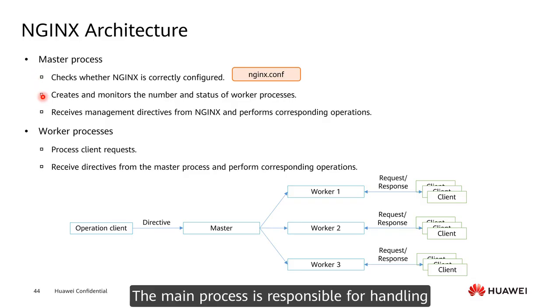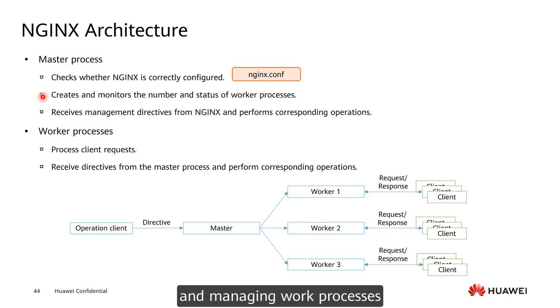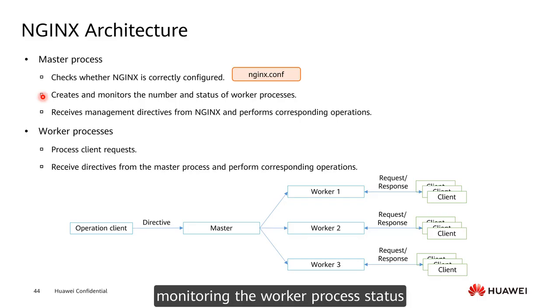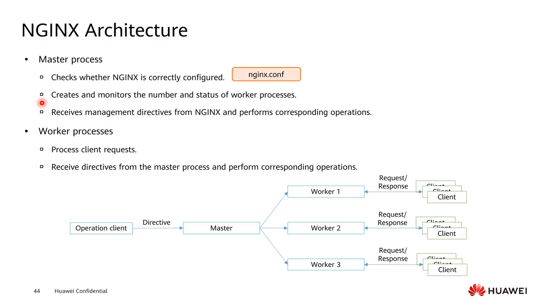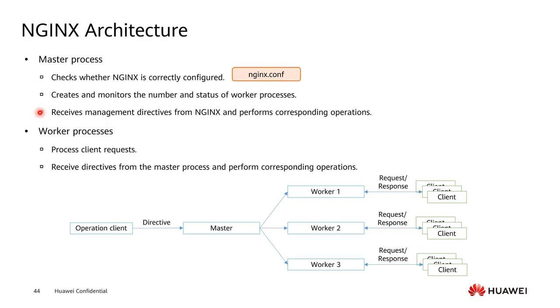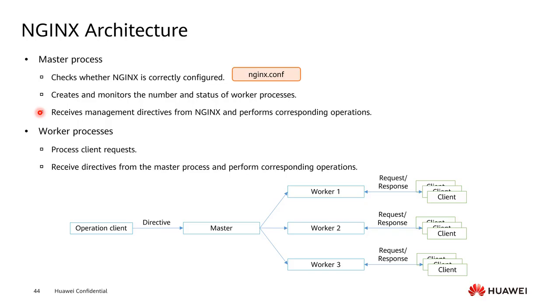The master process is responsible for managing worker processes, such as starting them, gracefully shutting them down, monitoring the worker process status, and restarting the worker process when an exception occurs. The master process does not handle client requests directly. It usually handles regular network events, such as receiving a TCP connection from the client.